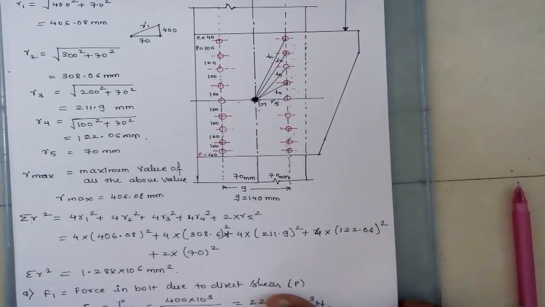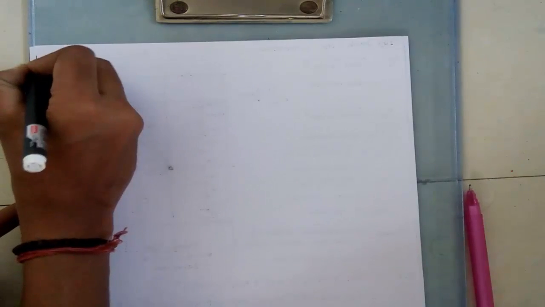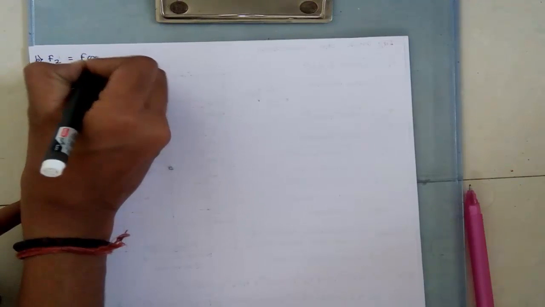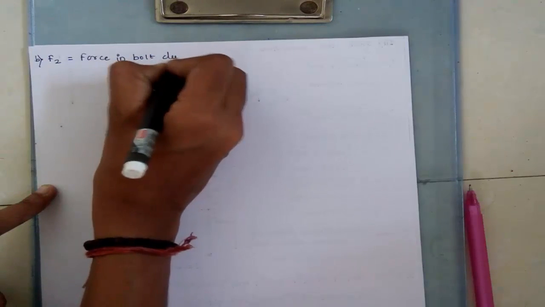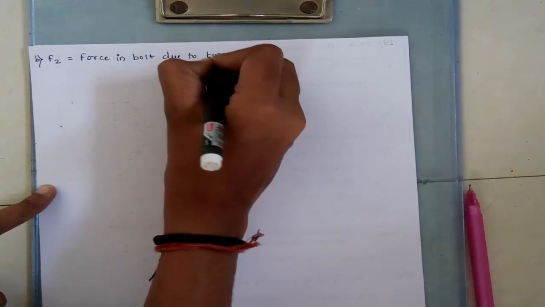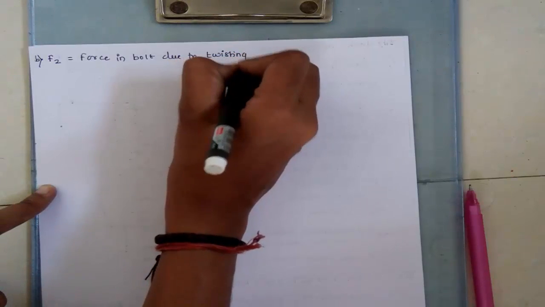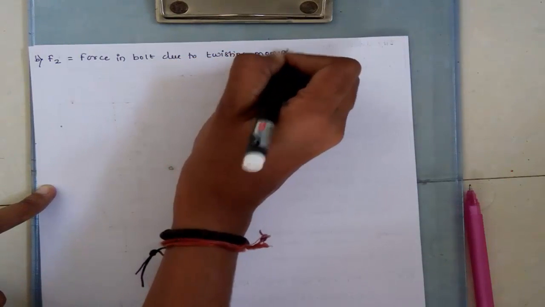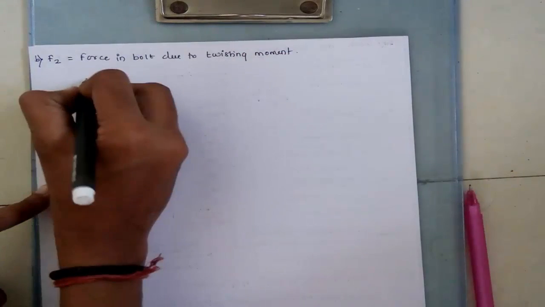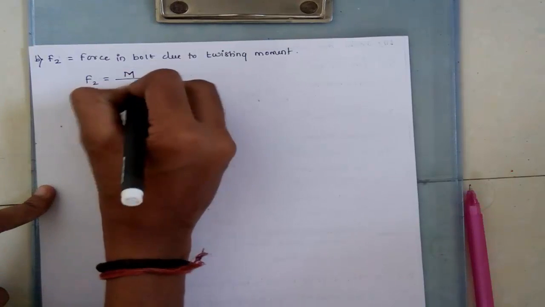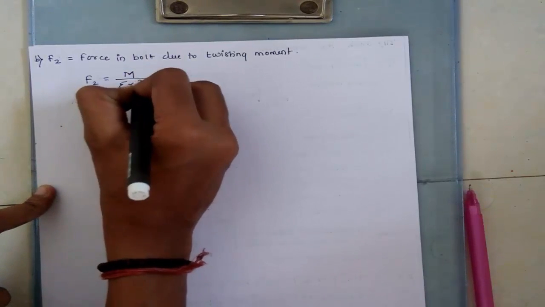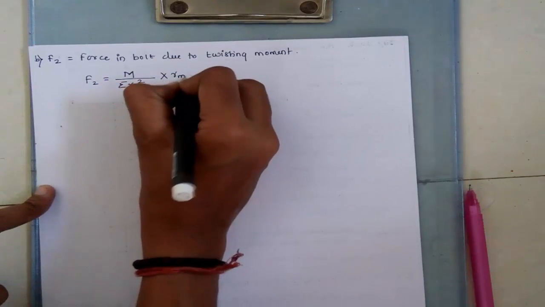After this, we have to calculate the F2, that is the force in bolt due to twisting moment. Okay, for this the formula is M upon summation of R square into R max.